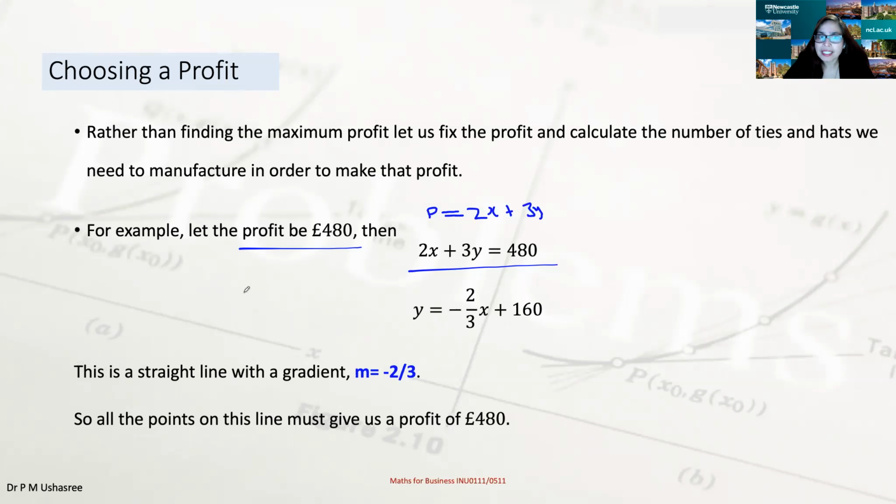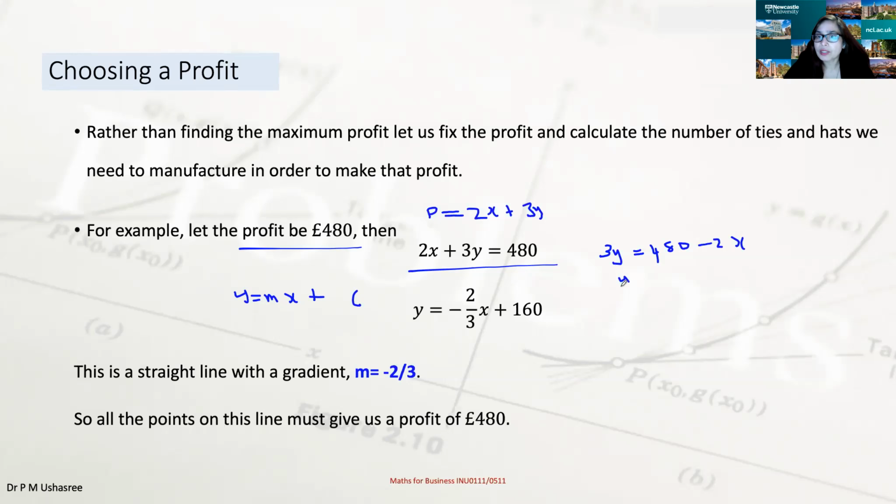And you can write this in the general form and see that the slope for this equation is -2/3. I'm just rearranging this equation. First, let me do that for you. 3y is equal to 480 minus 2x.